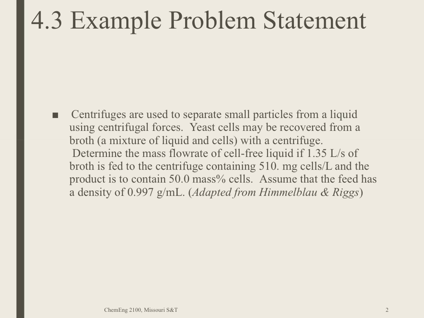We want to determine the mass flow rate of cell-free liquid if 1.35 liters per second of the broth is fed to the centrifuge, and this broth contains 510 milligrams of cells per liter, and the product contains 50 mass percent cells. In this case, we are to assume that the feed has a density of 0.997 grams per milliliter.